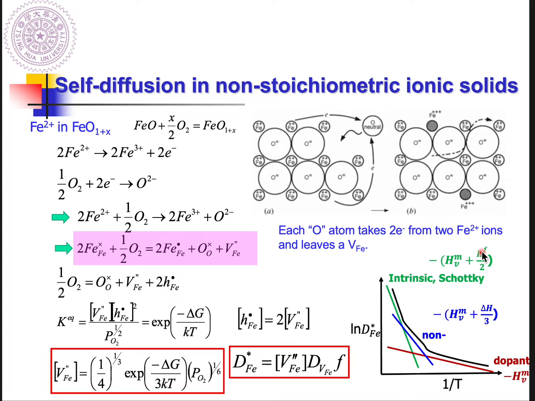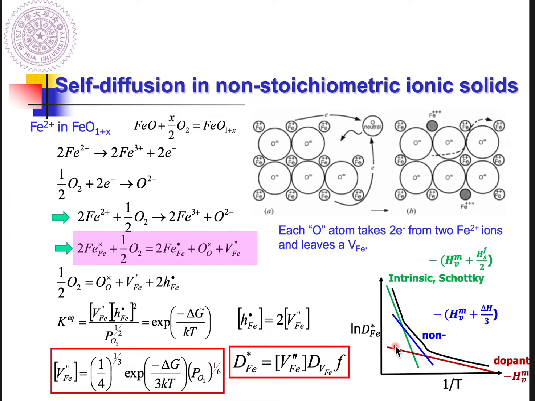Okay, so let me give you more examples. For example, if you try to increase the concentration of the dopant, the diffusivity, this red straight line, is going to increase, right? It will move to here, here, or here with increasing dopant concentration.